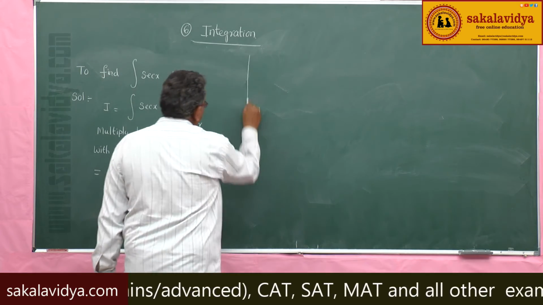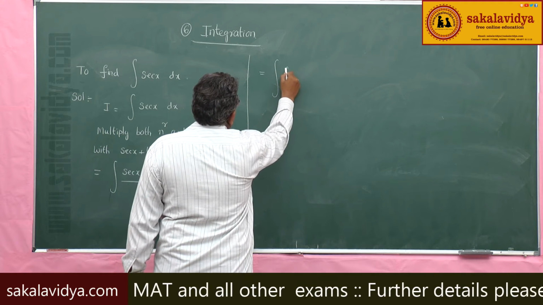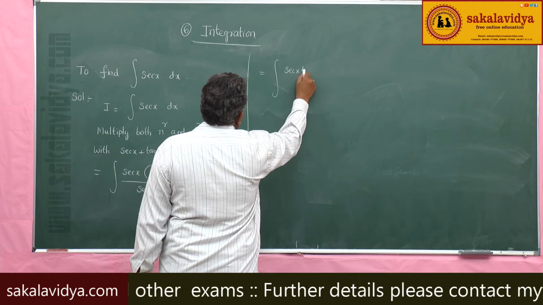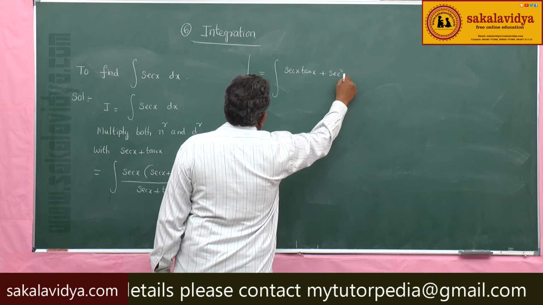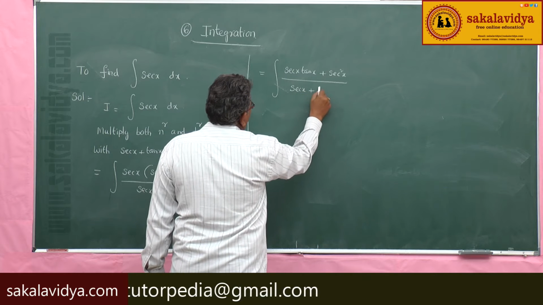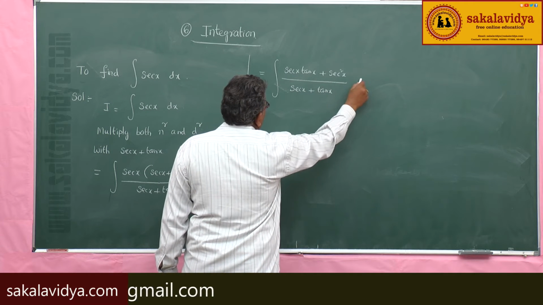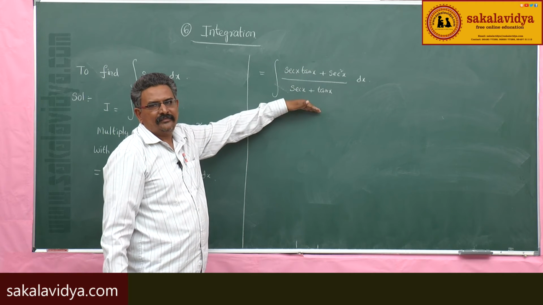Now, this we can write integral of secant x tan x plus secant square x by secant x plus tan x dx. Now, this is numerator, this is denominator.